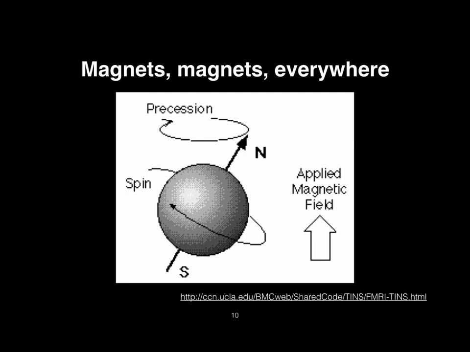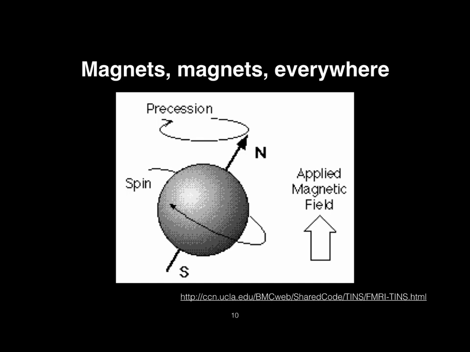And what happens is, as they're aligned, because they're molecules and they're vibrating and they're tumbling around, even though they have this net magnetization along the magnetic field, it turns out that they're actually rotating and precessing around the magnetic field.